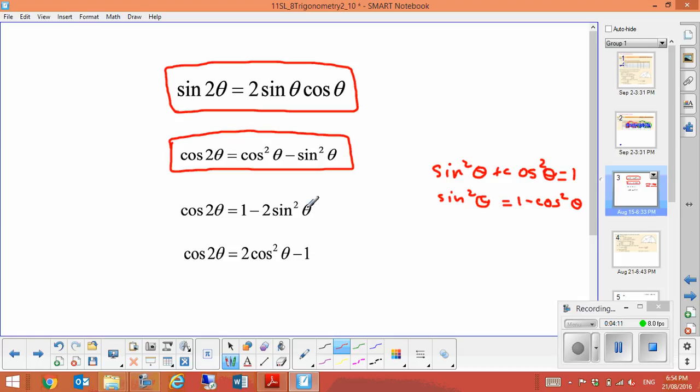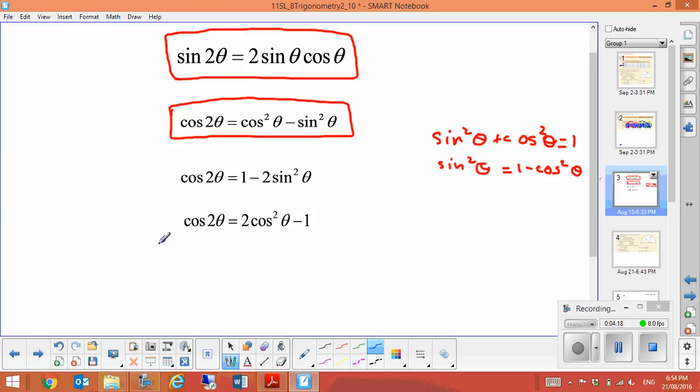We could switch that one around, and let's just do that one. So we could go cos 2 theta equals, and instead of cos squared theta, we could write 1 minus sine squared theta. So that's this part here.